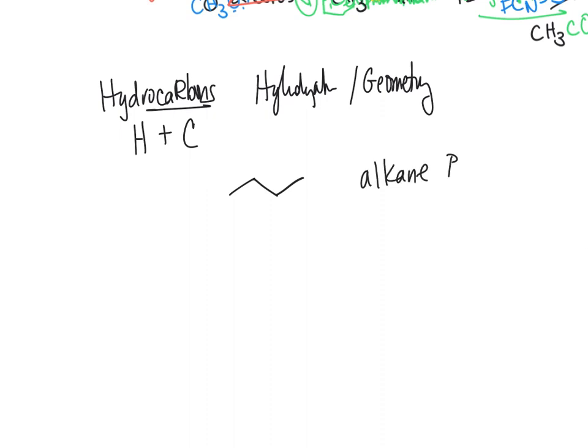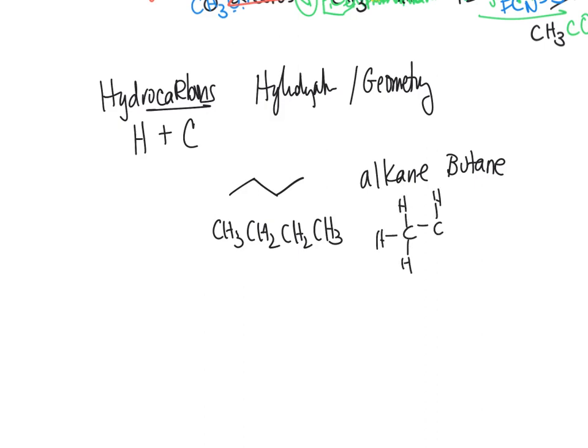You're going to learn that this is called butane. We'll learn that. So this is CH3, CH2, CH2, CH3. We can draw the Lewis structure. Okay, so there's our Lewis structure.